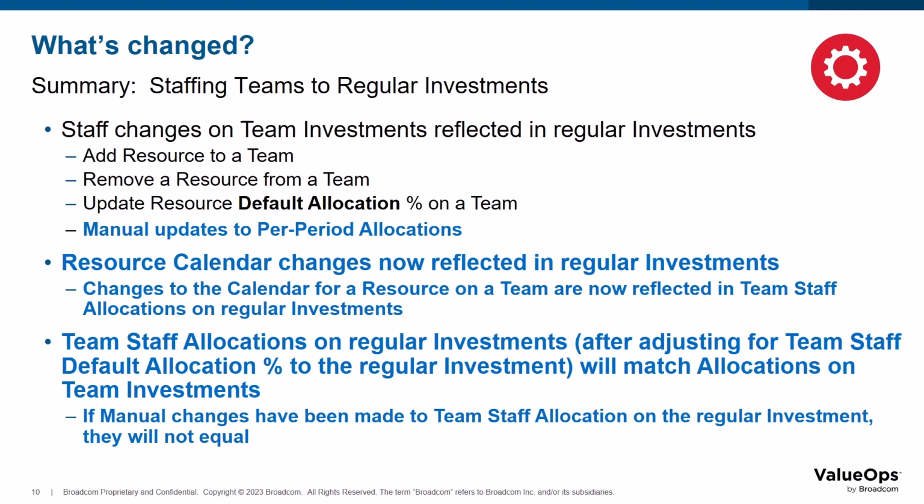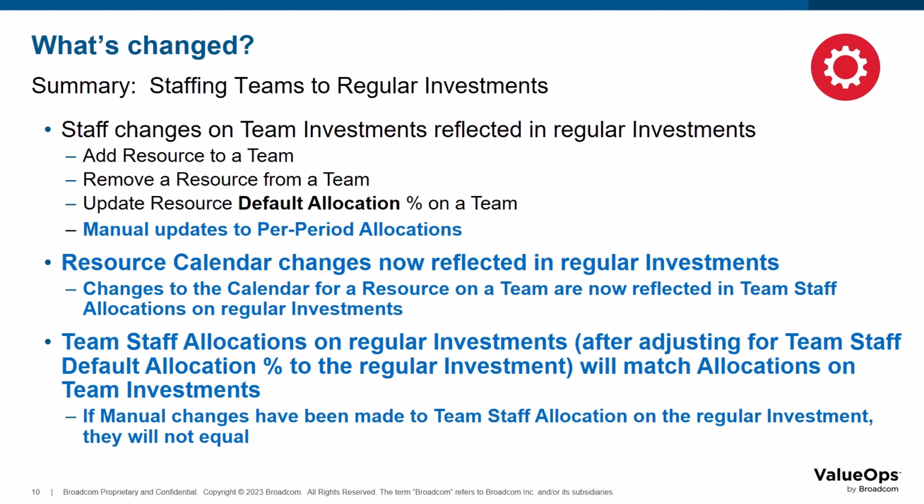In addition, any calendar changes that are made on a resource who's on a team, those will now flow through to the regular investments that this team resource is staffed to. Last release, those changes were captured in the team investment, but they did not flow all the way through to regular investments. And now you'll see that change in behavior.